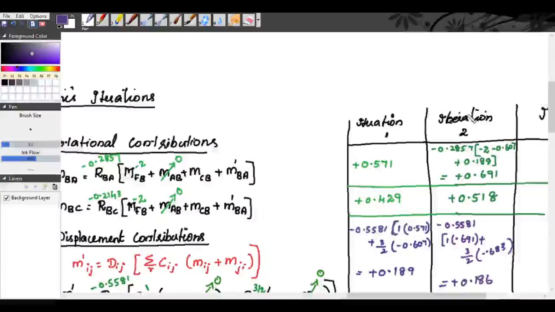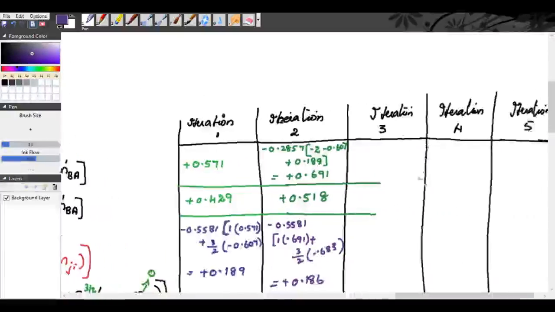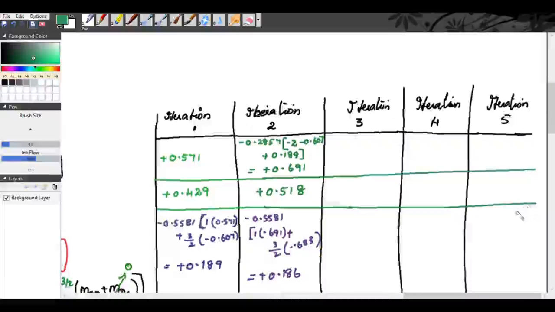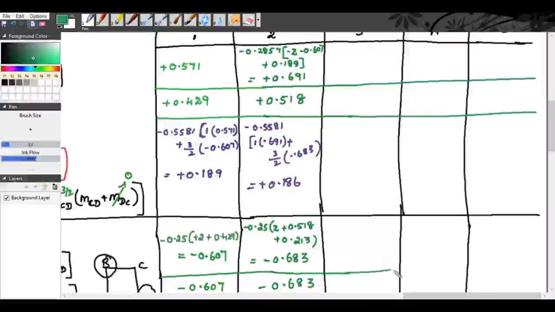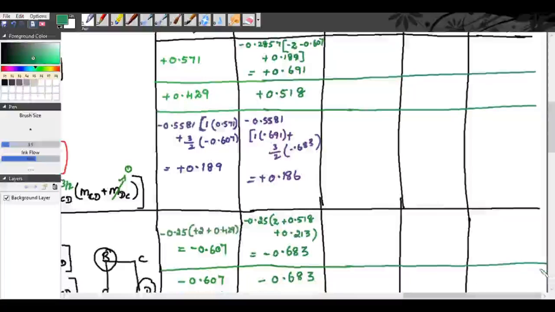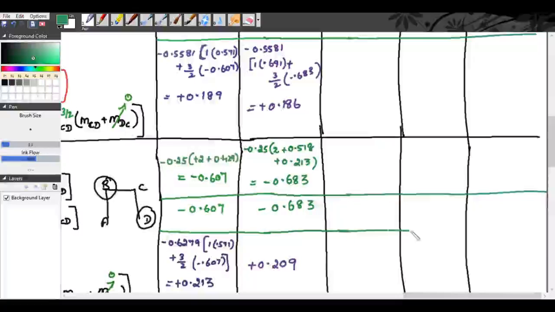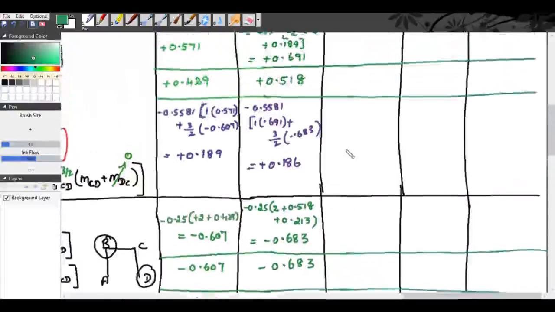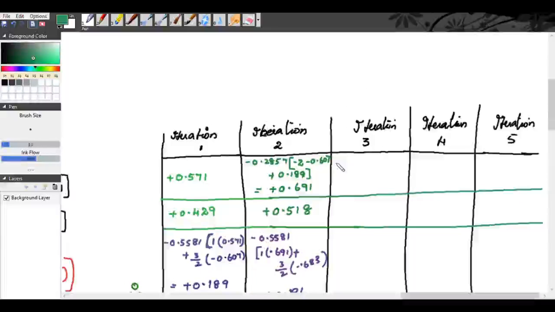Similarly, you can continue for iterations 3, 4 and 5. Okay. So, find the values and complete the iterations. I will write you the values.